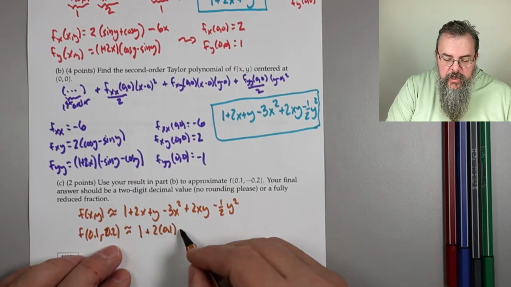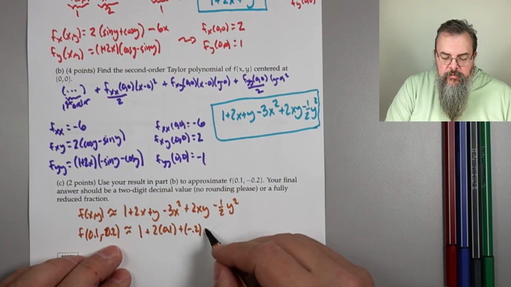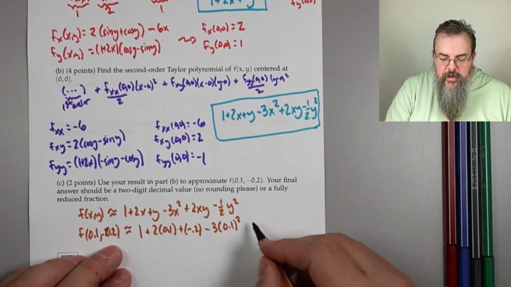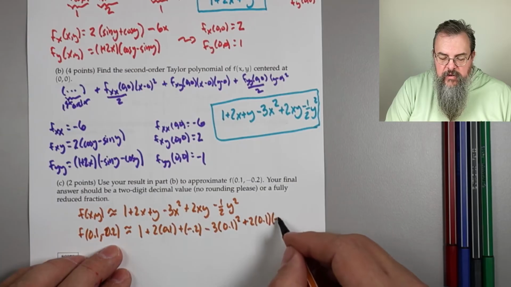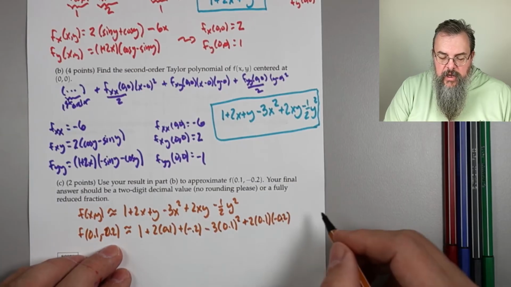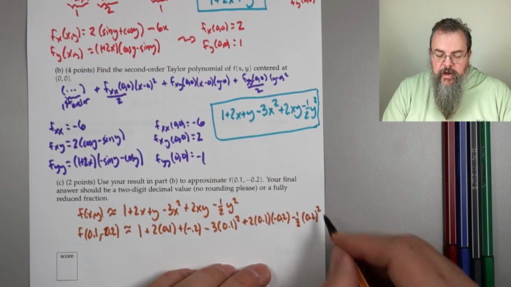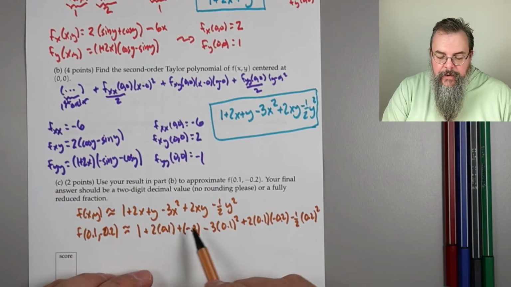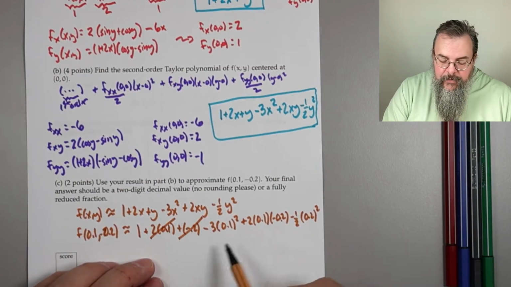And then plus y, which is a negative 0.2, minus 3 times 0.1 squared plus 2 times 0.1 times -0.2, and then minus 1/2 times 0.2 squared. Now, here you have a positive 0.2 and a negative 0.2. Those actually cancel. That's cool.